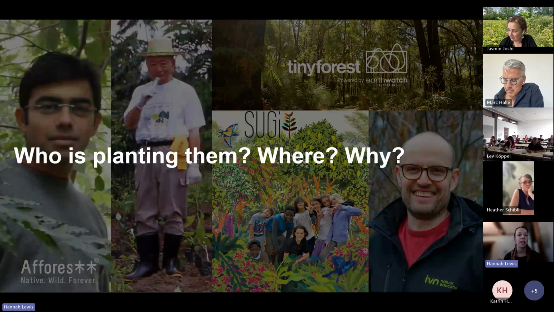In 2009, Miyawaki's team planted a little forest at a car factory in Bangalore, India. And one of the people who volunteered to help with that planting was an engineer named Shubhendu Sharma, and he is pictured there on the left.